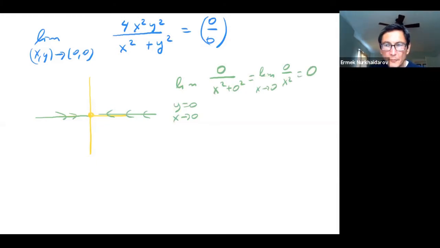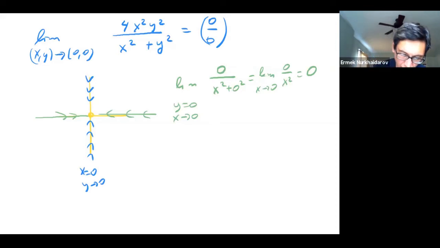Okay. Let's try number 1. So let's pick now a vertical path. So the vertical path is going to be x equals 0, y is approaching 0. Because we want to get toward the origin, we can go from above or from below. In both cases, we have the straight line x equals 0, and y will be approaching 0.